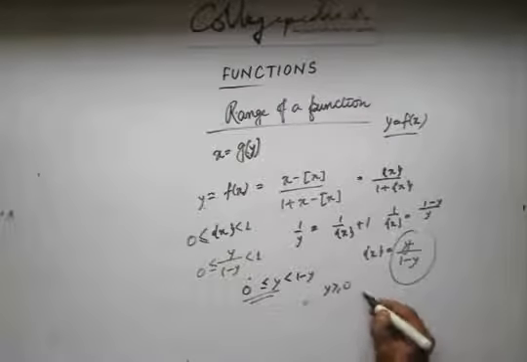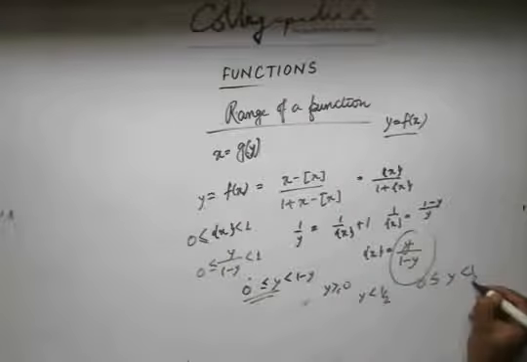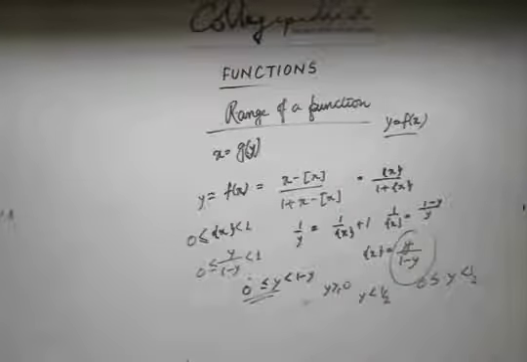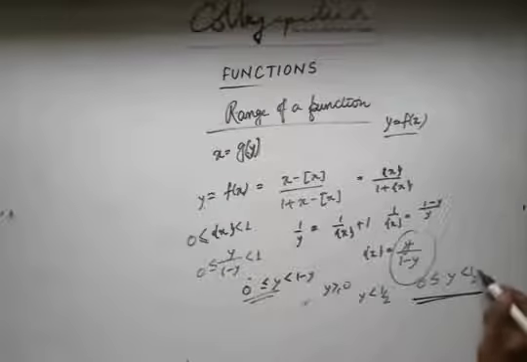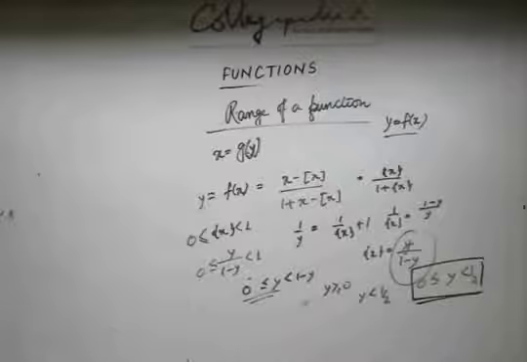From here I'll get y less than half. So y should lie between 0 and half. I was asked to find the values that y can take. I have found out the values which y can take. So the values which y can take is this. So the range of the function f(x) is this. Okay. So we have seen what domain and range of a function is.